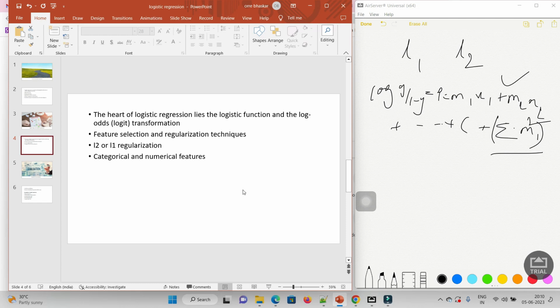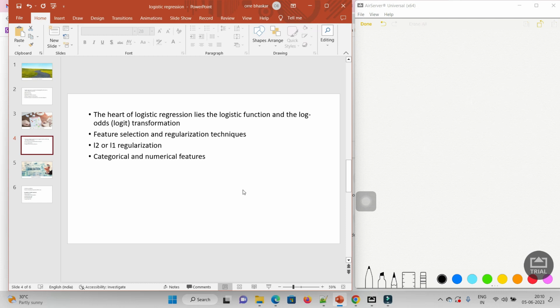What about L1 regularization? So let's again take our equation, log of y by 1 minus y equal to m1 x1 plus m2 x2 plus so on plus constant. How to make it L1 regularized?